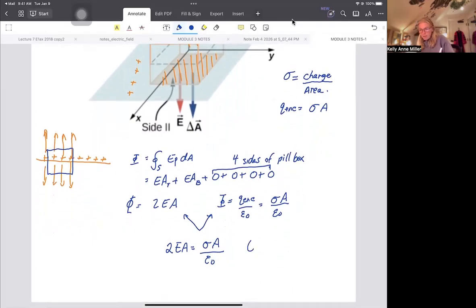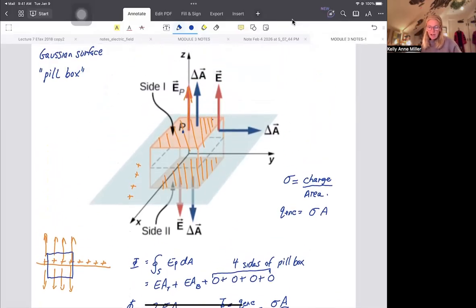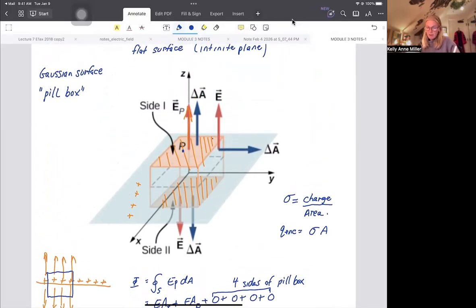The areas cancel, so the electric field is going to equal sigma divided by 2 epsilon naught. And this is at some point up here, away from the plane.